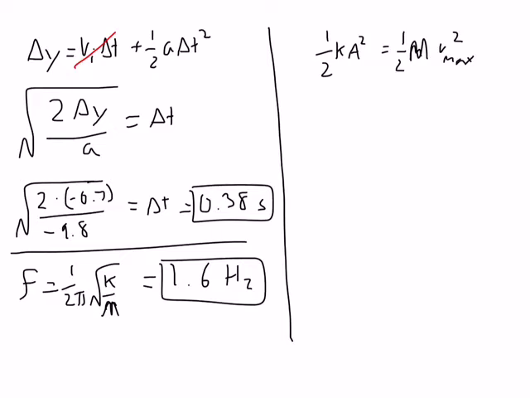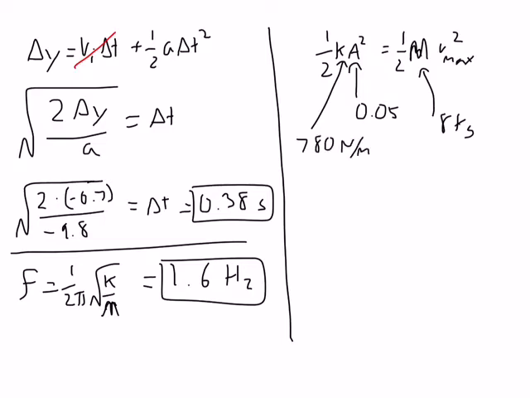So if we can figure out the amplitude, right, we can solve this because we still have the mass and we still have the spring constant. So we know that the spring is stretched 5 centimeters or 0.05 meters right before the string is cut. So that tells us that the maximum amount of stretch of the spring is that same 0.05 meters. That's our amplitude. Right, so this is 0.05. This is 8 kilograms, and this is 780 newtons per meter.